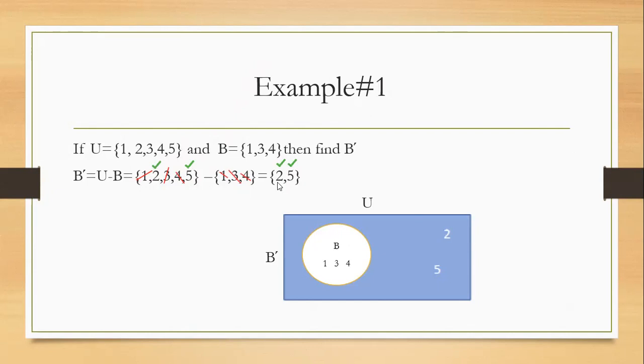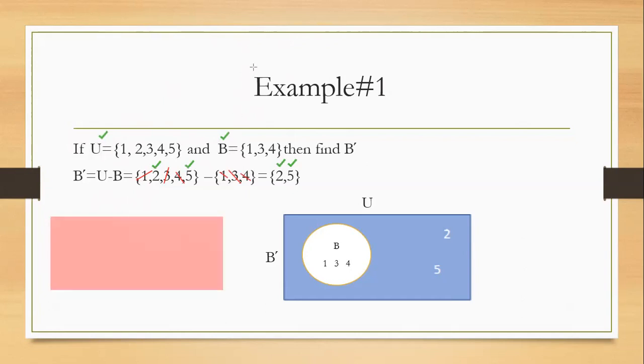So simple. Now let's discuss how we can draw the Venn diagram. First of all, check the question. In the question, you can see that the universal set is there and one set is there. For one set, we draw one circle, and for the universal set, we have to draw a rectangle. Now let's draw with me. Let's draw a rectangle, this is for the universal set, and then we draw the circle.